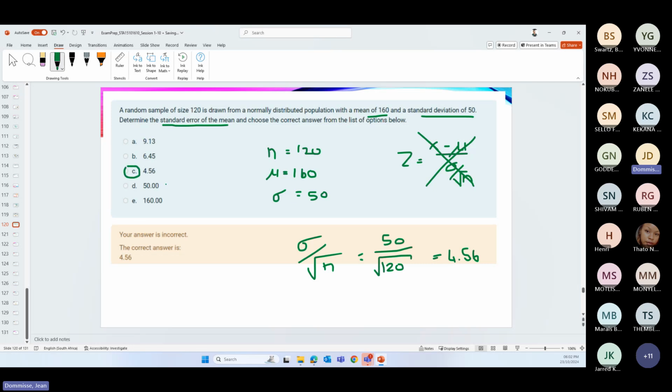Okay, so there you can see that is the standard deviation, that is the mean. That is if you basically nearly read it wrong, because all the numbers are in there. And I think the 9.13 might be if you actually say 50 divided.